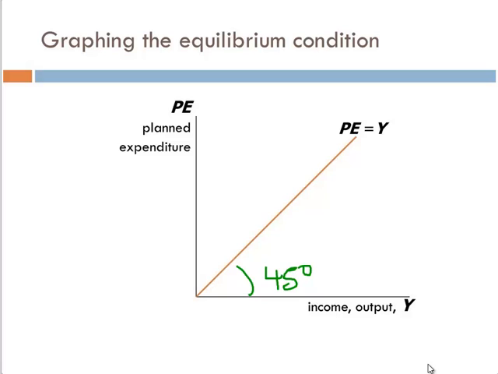What it does mean economically, though, and I think a better explanation, is that this is the equilibrium condition. What's the equilibrium condition? It's the place where planned expenditure equals actual expenditure. And that function just happens to be a line with a slope of 1 that goes through the origin.